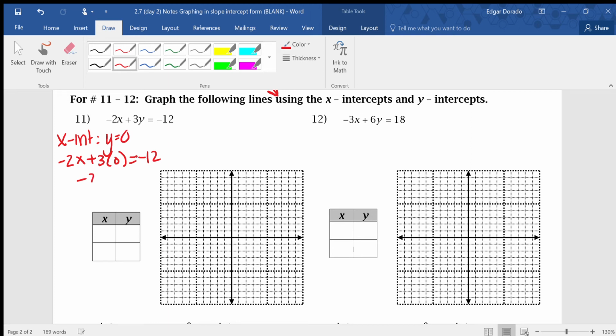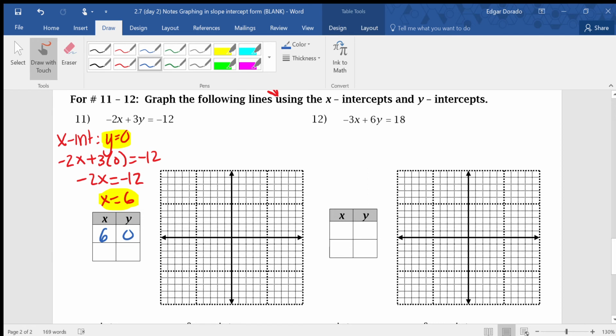So I have negative 2x equals negative 12. If I divide both sides by negative 2, I'm going to get a positive 6. So I have x equals 6 and y equals 0. That's my x-intercept, so 6, comma, 0.